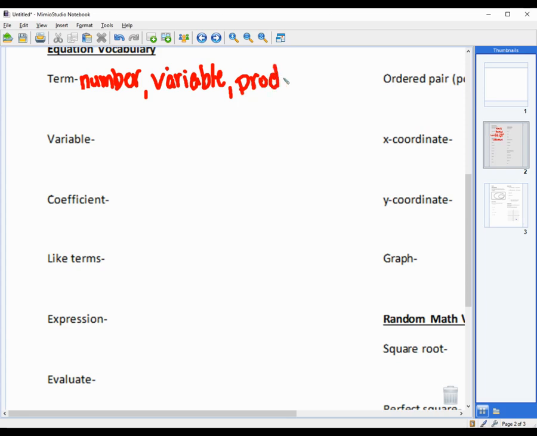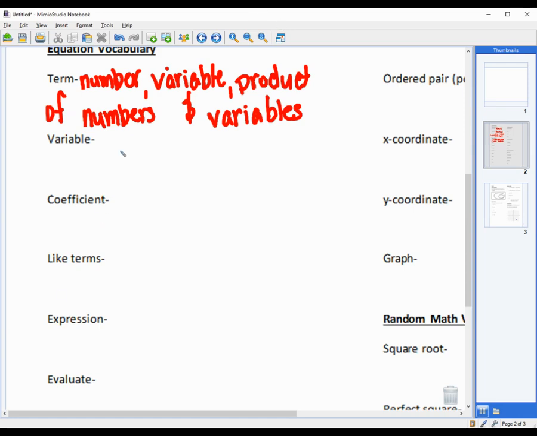So number, variable, or product of numbers and variables. I know that one sounds a little silly. So a term is a number, variable, or product of numbers and variables.